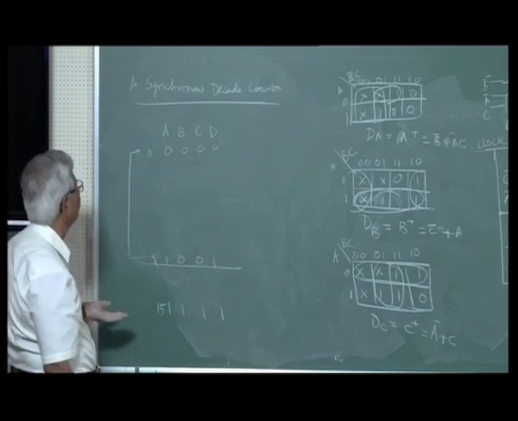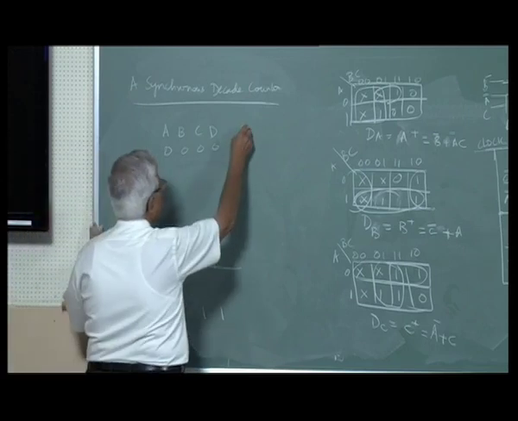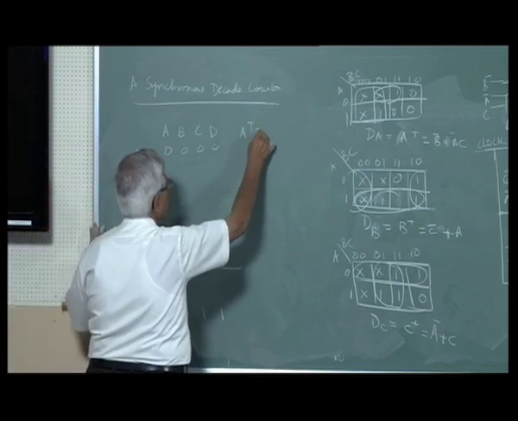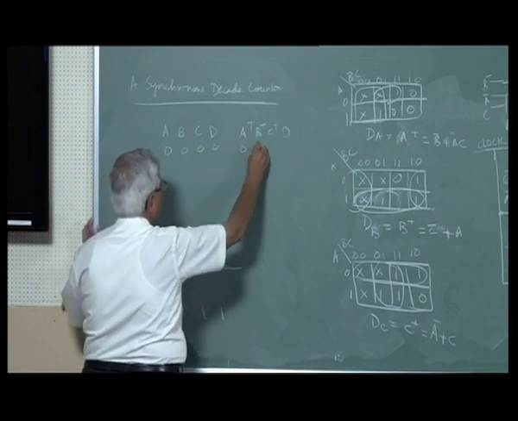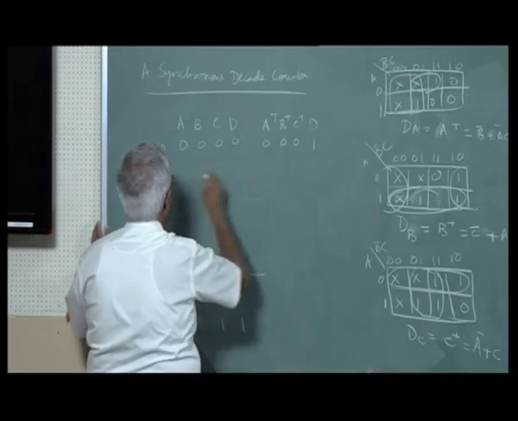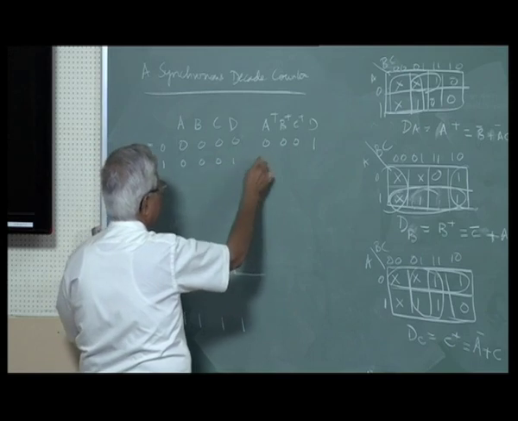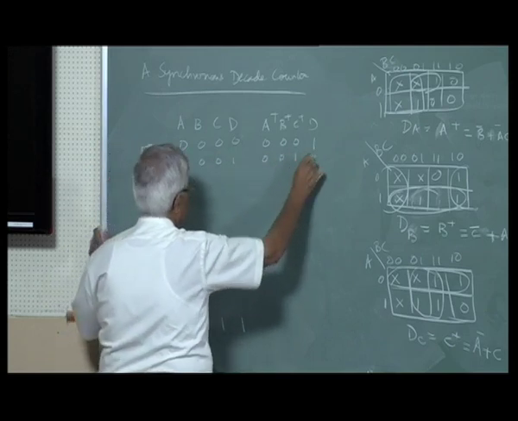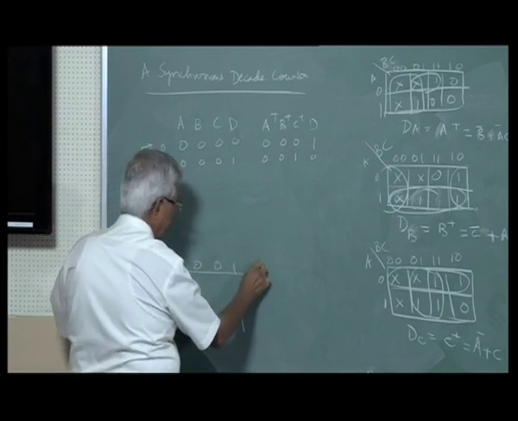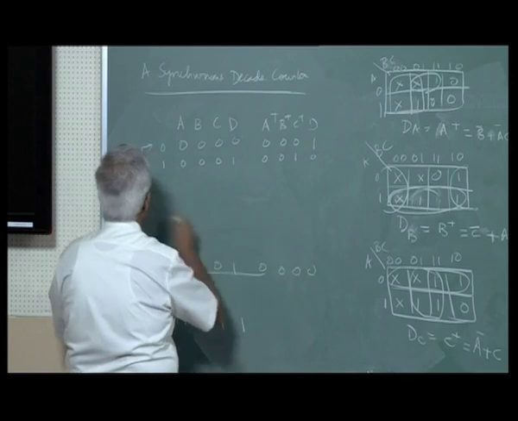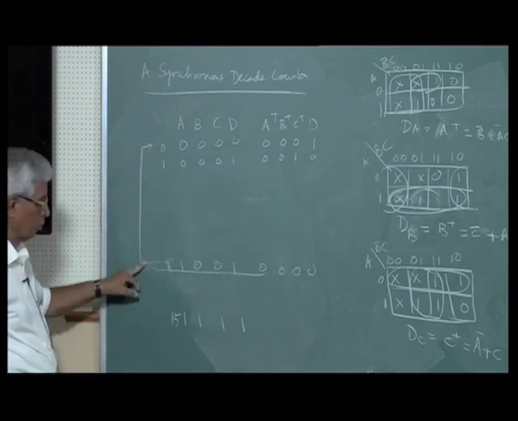What do I do? I write the next states. Present state 0, 0, 0, 0, next state is 0, 0, 0, 1. Present state 0, 0, 0, 1, next state is 0, 0, 1, 0, and so forth. Present state is 1, 0, 0, 1, next state will be 0, 0, 0, 0, because I want this to repeat after count 9, or after 10 counts.